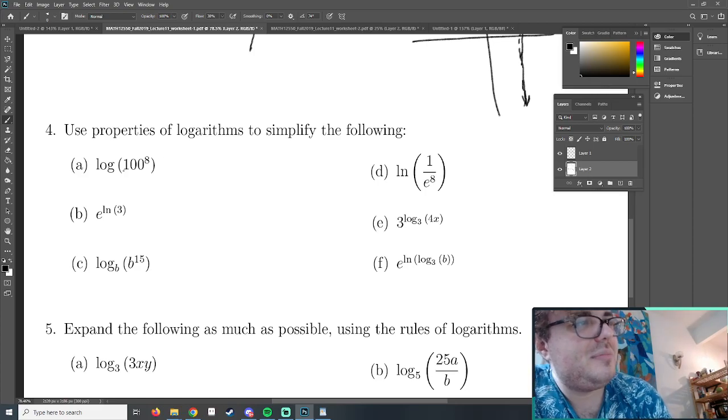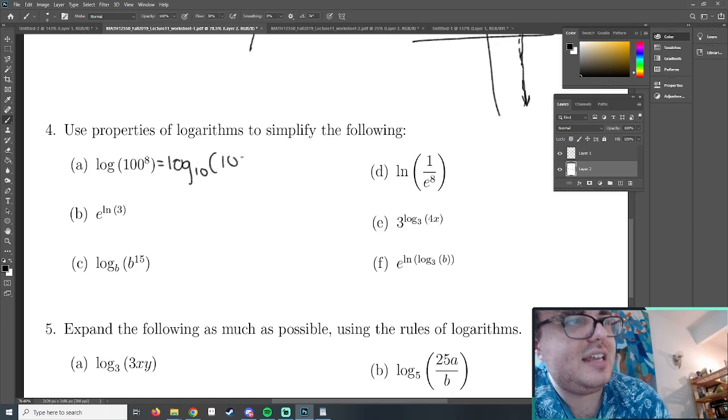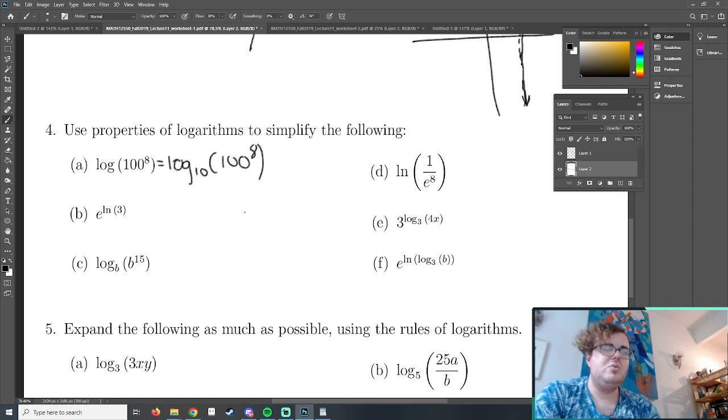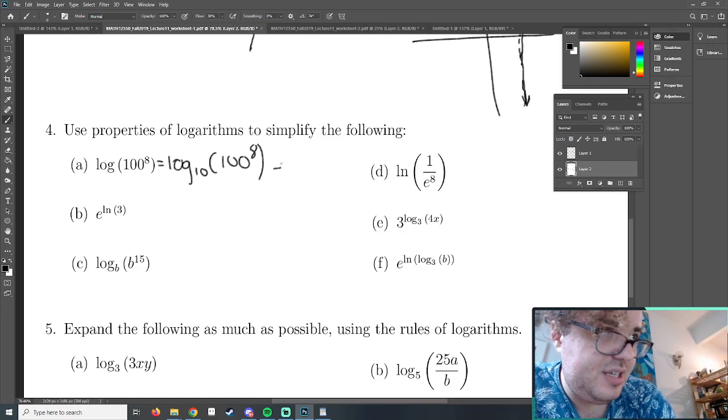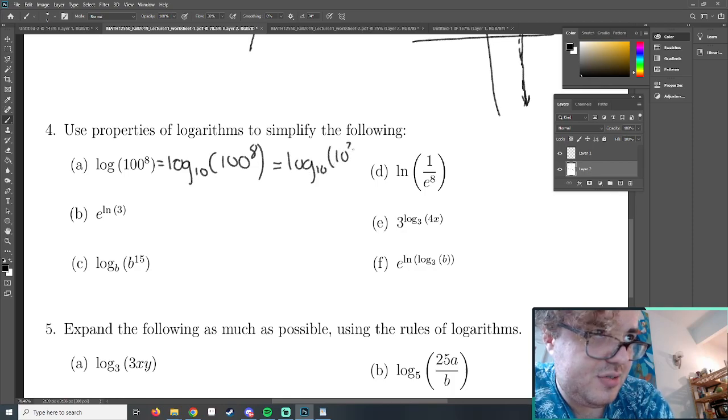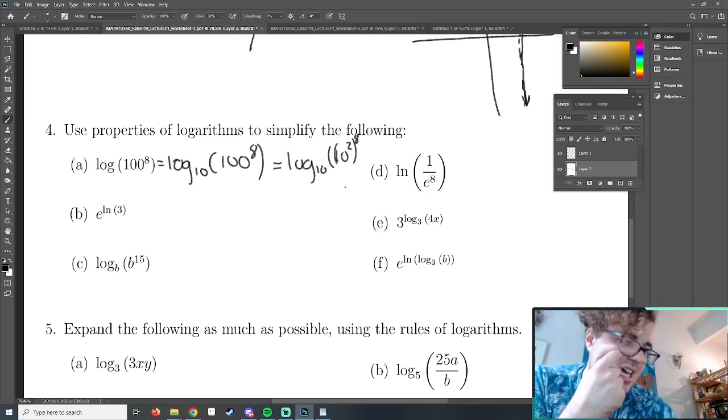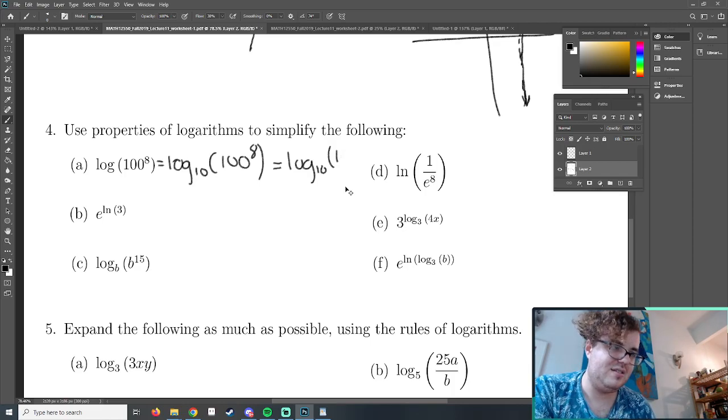So this is, remember, log base 100 of... log base what, right? This is the same as saying log base 10, because we said log just means log base 10. So what power do I raise 10 to get 100 to the 8th power? Well, one way to think about this is 100 is just 10 squared. So this is like log base 10 of 10 squared to the 8th, which is the same as saying log base 10 of 10 to the 16th.